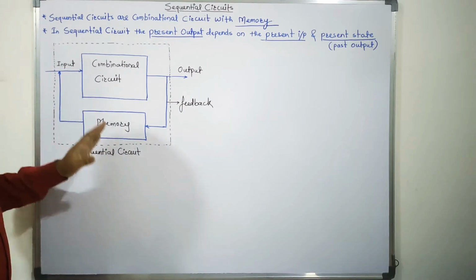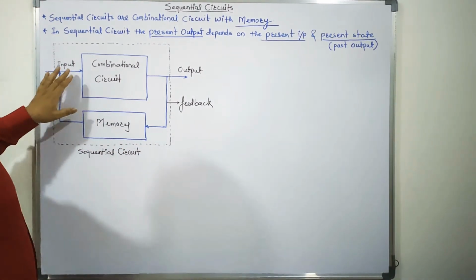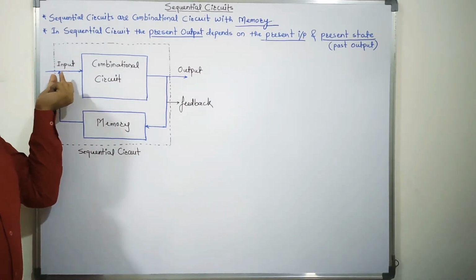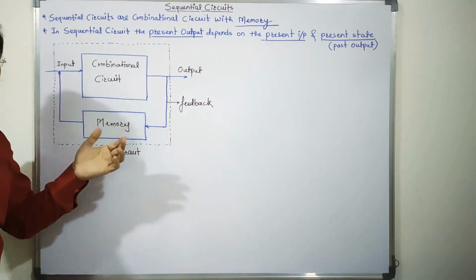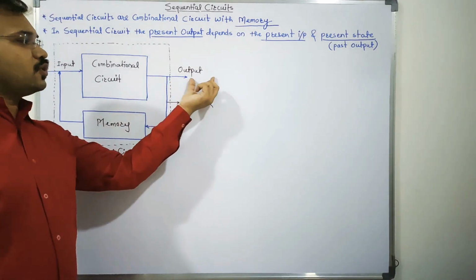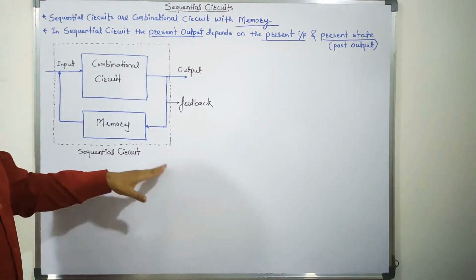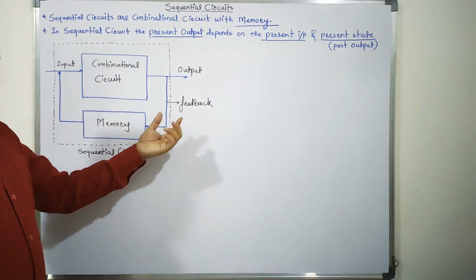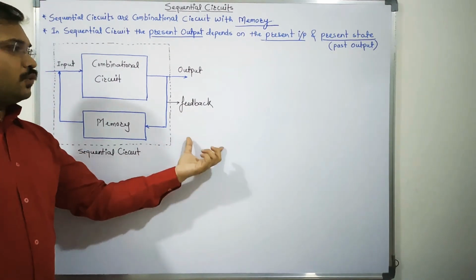This is the block diagram of your sequential circuit. This is your present input, the combinational circuit, as I already discussed in our previous video on the working of combinational circuits, and this is your output. The present output depends on your present input and your present state, where the feedback also plays a very important role.